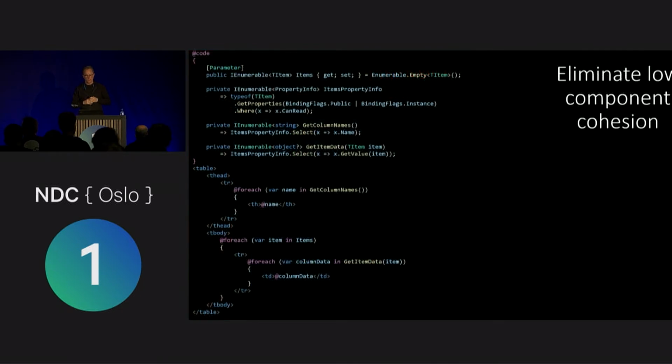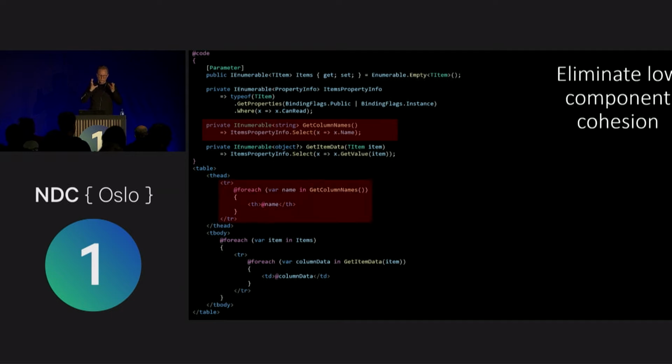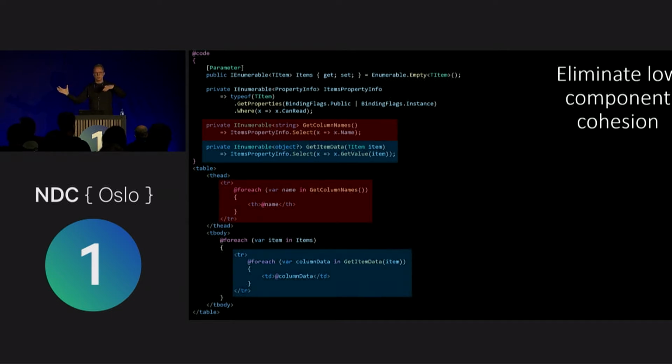Another thing we could look at is the cohesion of our data table component. Cohesion was something it took me a while to really grasp what that fancy word meant. In this case, it means that the red parts of the code don't really know or care or use anything from the blue parts.